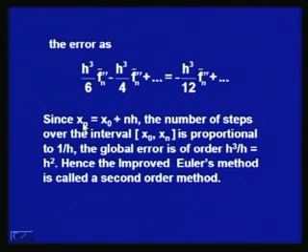Now, we have x_n equal to x naught plus n h, and thus the number of steps over the interval x naught to x_n, which is n, is proportional to 1 by h, and therefore, the global error in this method is of order h cube by h, that is h square, and so the improved Euler's method is called a second order method.